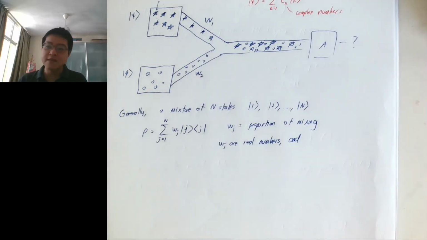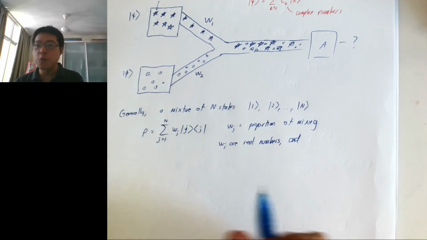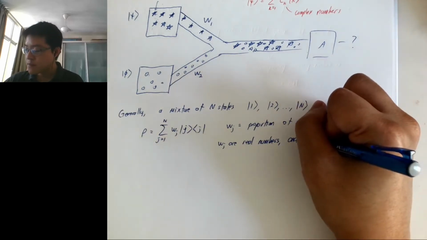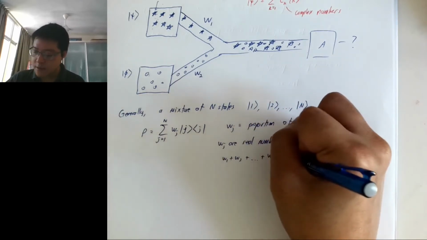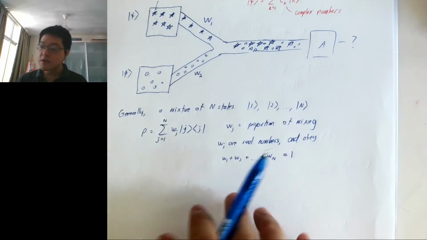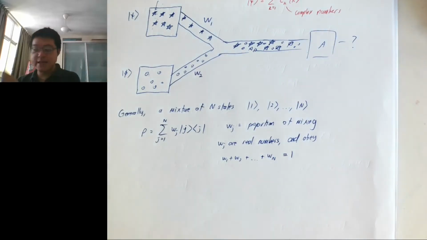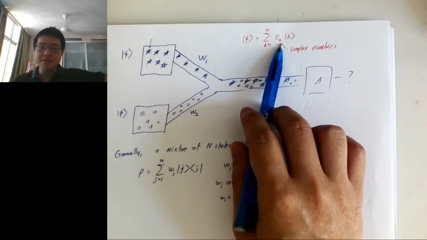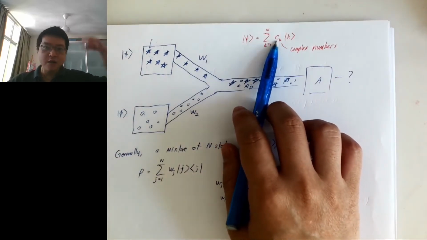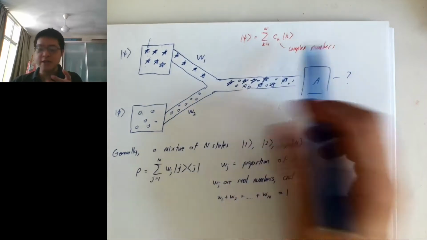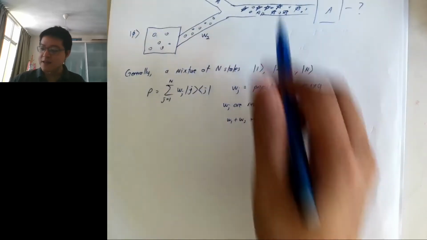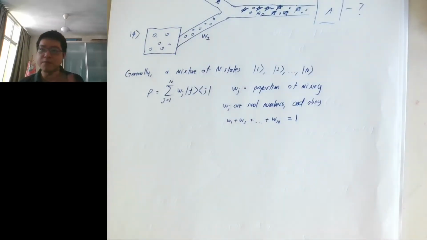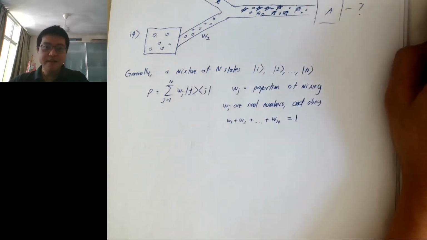So in probability and statistics, your probability values again sum to 1, right? So they obey this condition. That means w_1 plus w_2 plus everybody until w_n should be equal to 1, right? So it's actually like we are coming back to an easier situation, because when we're doing quantum states, when these are complex numbers, you need to do a complex conjugate and absolute value to make sure they sum to 1, and then you do normalization, right? So all these are extra things for those who are already familiar with statistics. This one is like, oh, come back to the original probability and statistics case. Okay, so basically that is the essential thing.